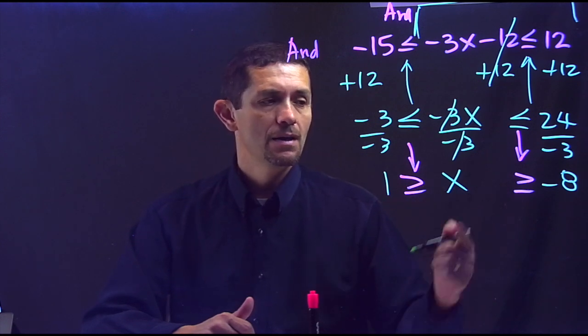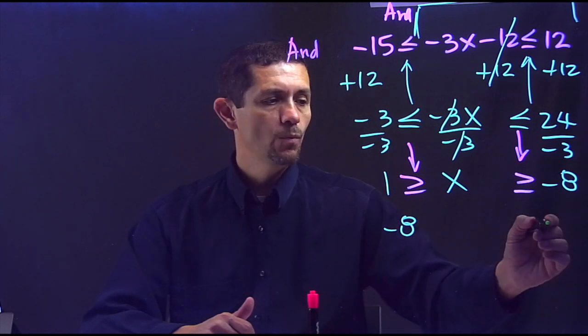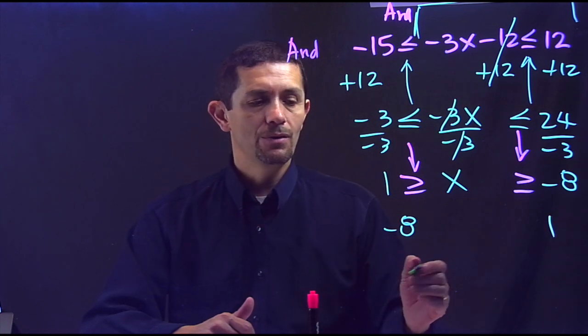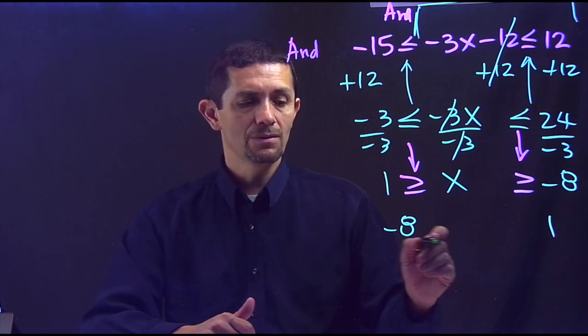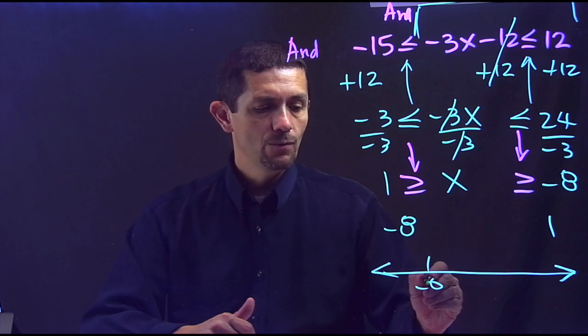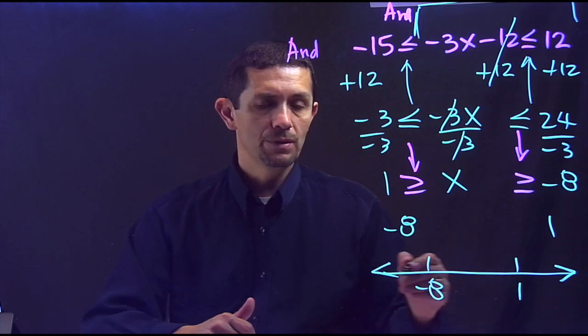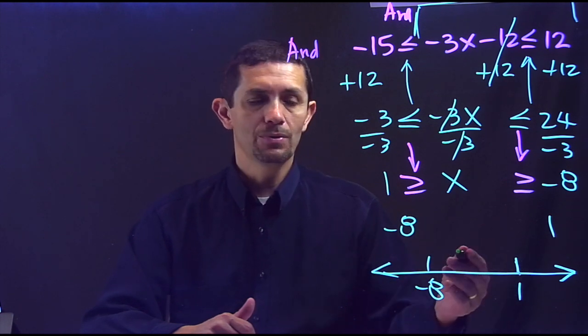I have to bring the negative 8 over here and the 1 all the way to the right, because I need to follow the same order that I have on the number line. On the number line, the negative 8 will be on the left side and the 1 will be on the right side.